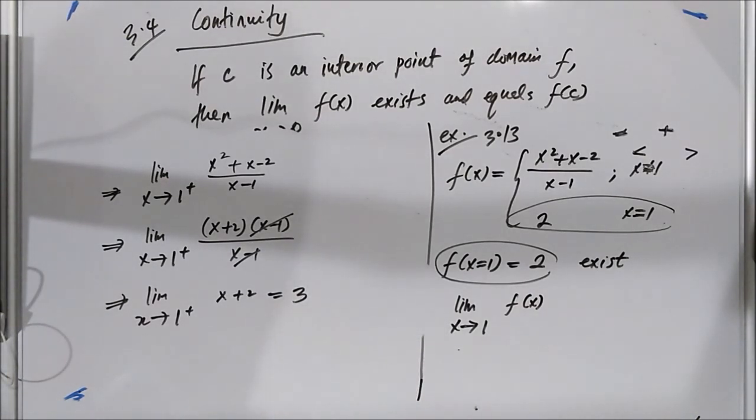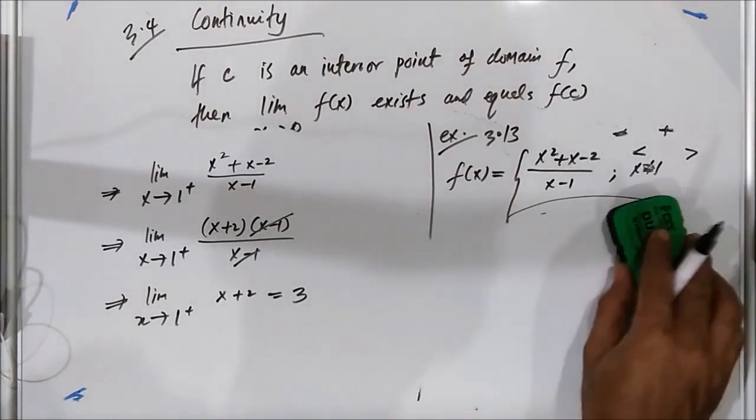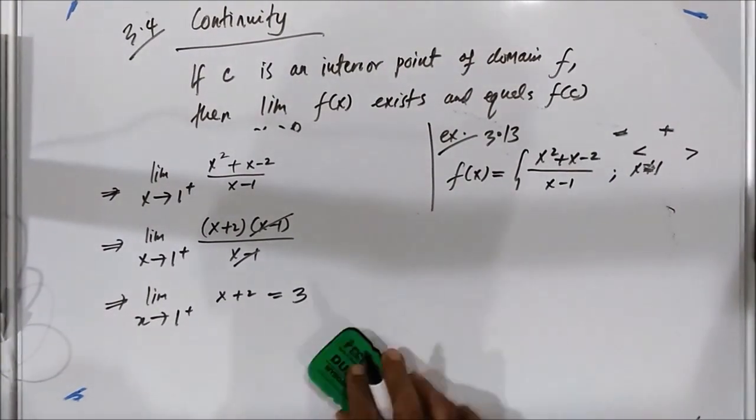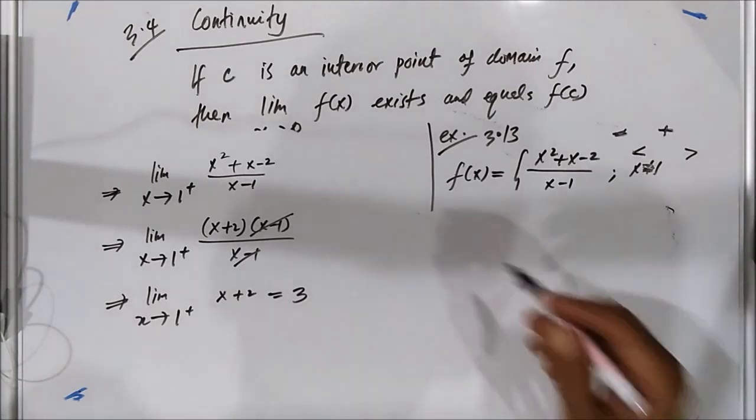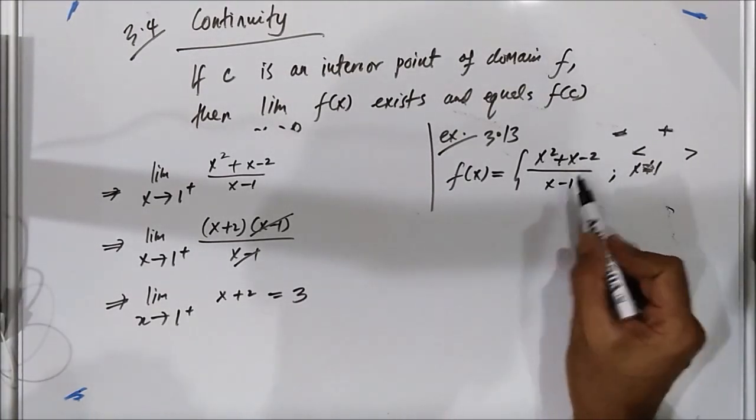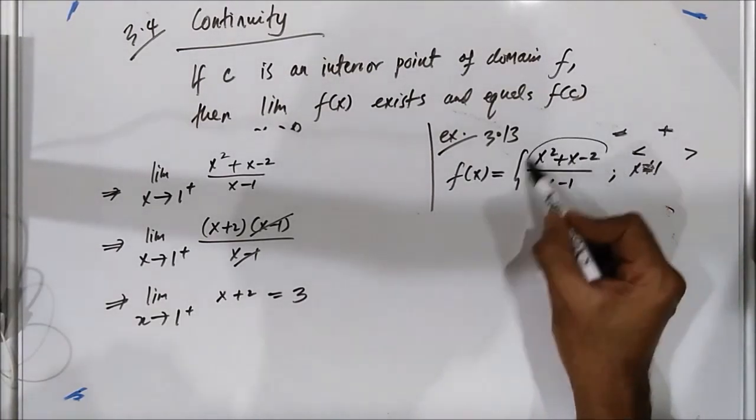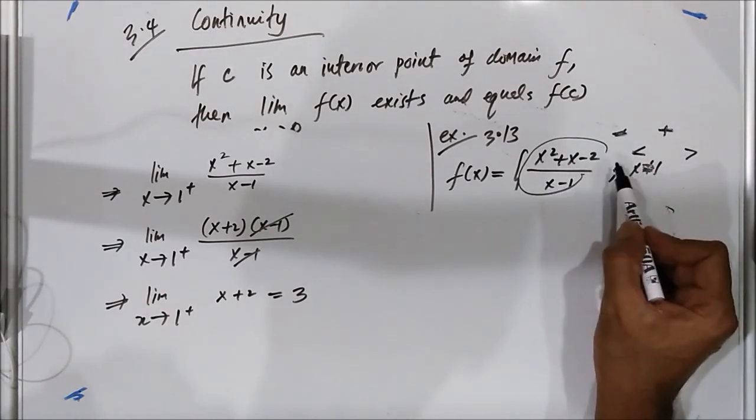This also applies for the negative direction. So I have the positive direction and the negative direction. For the negative direction, I use the same function, because this condition, x not equal to 1, refers to both the positive and negative direction.